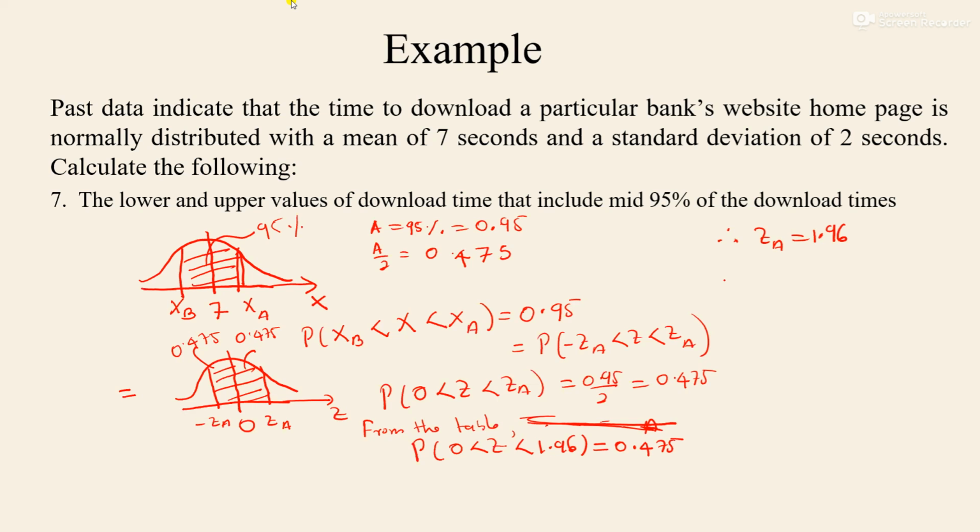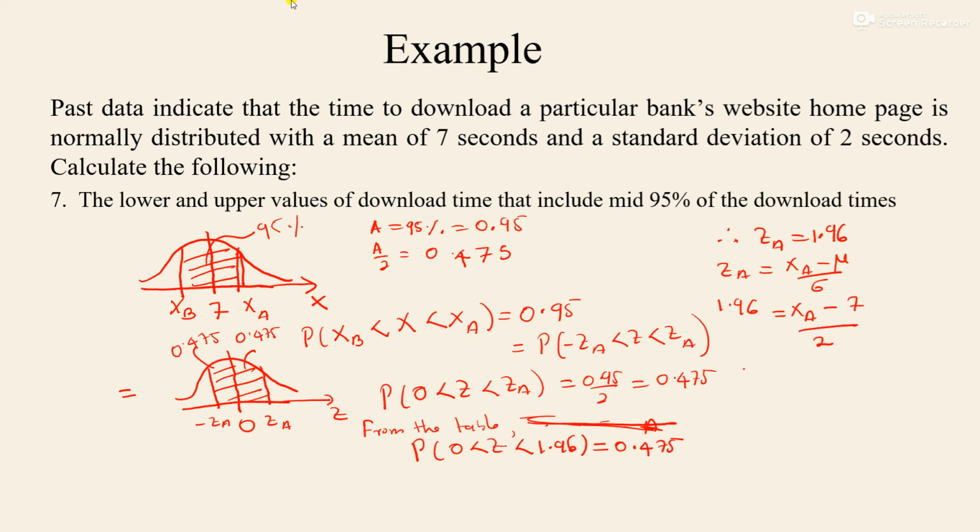Right? Now we have to get the corresponding XA value. ZA is equal to XA minus mu over sigma. 1.96 is equal to XA minus mu, now mu is equal to 7 and sigma is equal to 2.